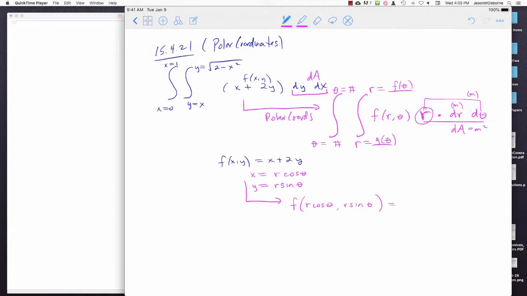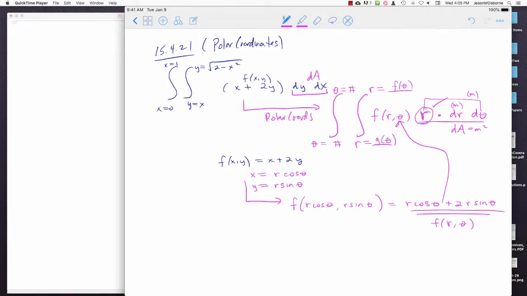That gives the function of r and theta that we're going to integrate, and it gets plugged into this spot. The r is taken care of. We've got our conversion factor.